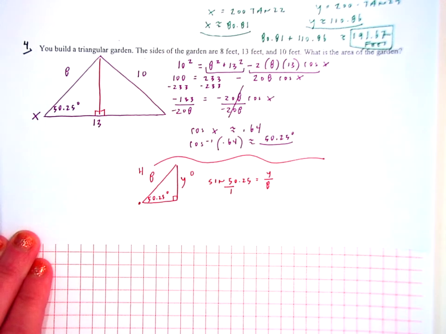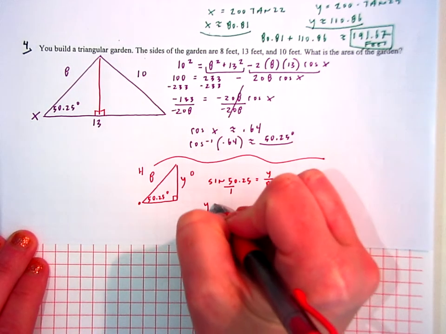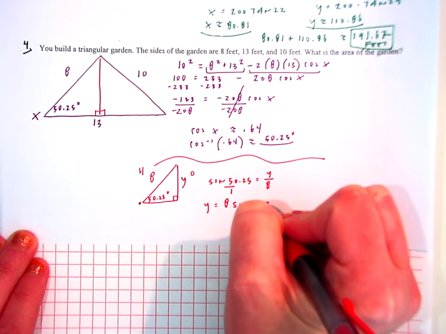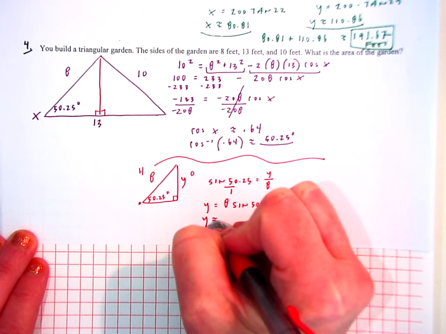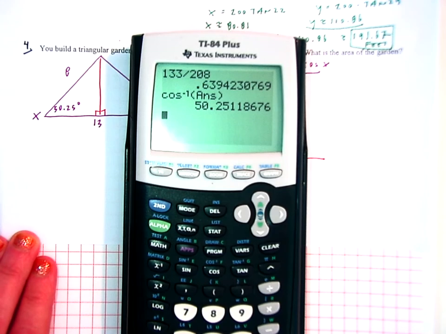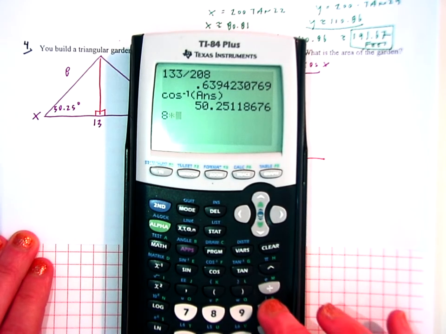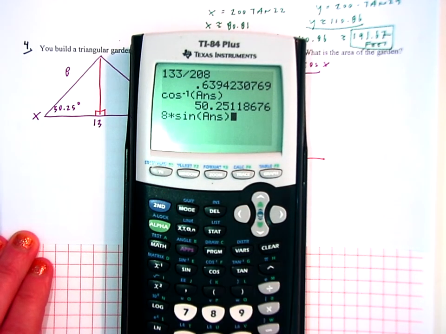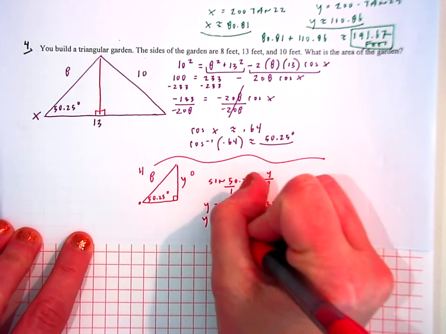Okay, make it a proportion, cross multiply, and y equals 8 times sine 50.25. So y is about, okay, right here, again, I have it stored in my calculator. So I can say 8 times sine of that previous answer right there. So here I'm going to get 6.15. So y is about 6.15.